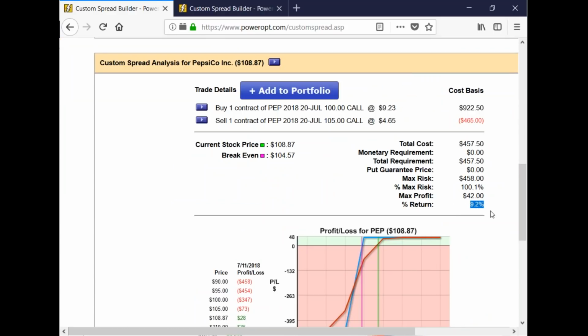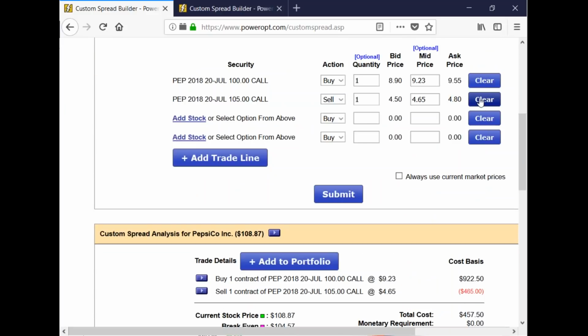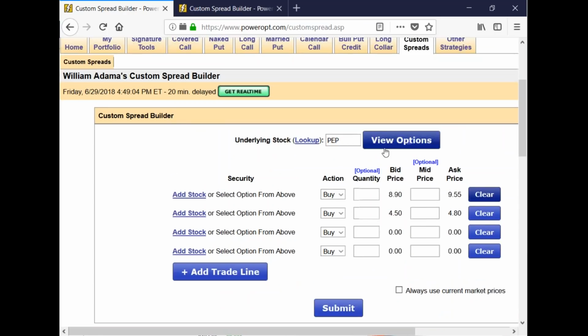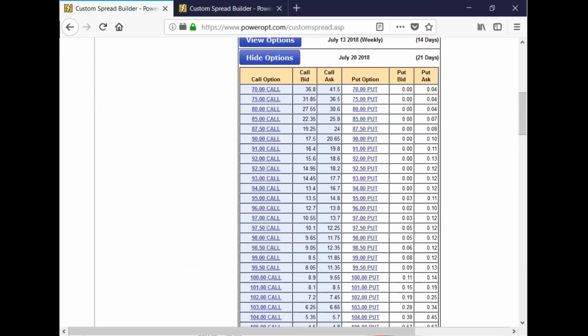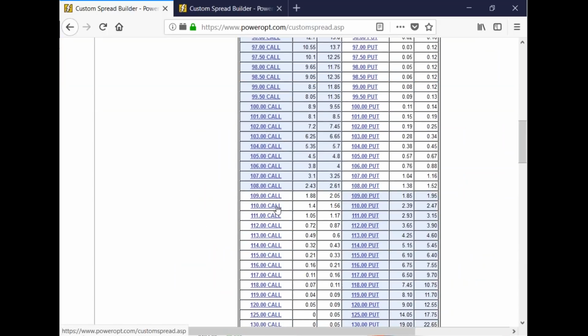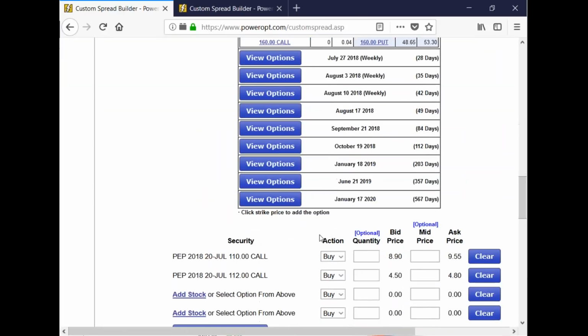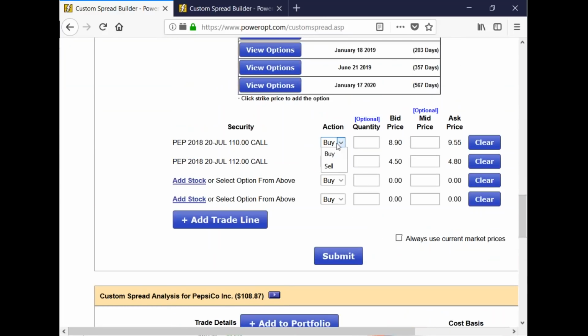So this would have been a good position, 9.2% return. Might have won a little bit higher, actually, but that's okay. And it was looking successful, but I think you maybe took some profit off the table, and now you're holding a 110, 112 bear call with a stock at 108.